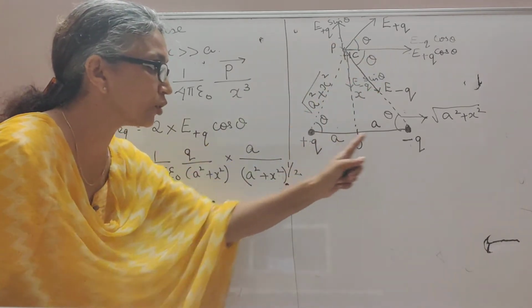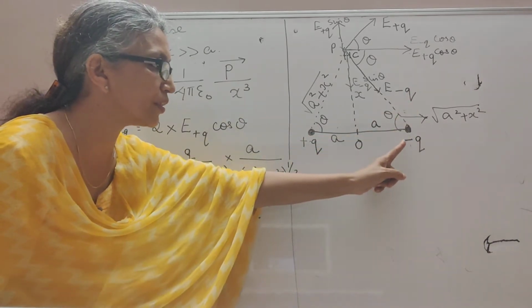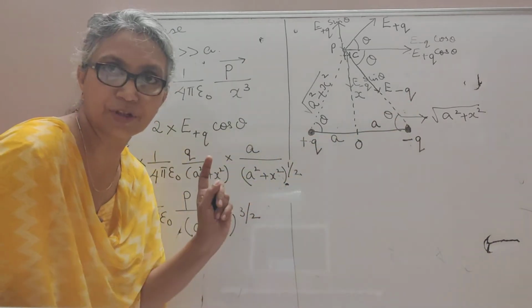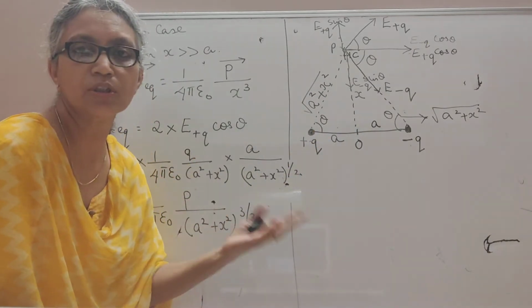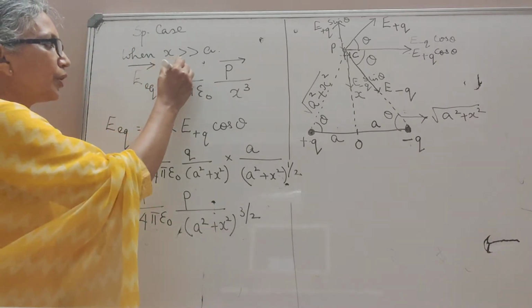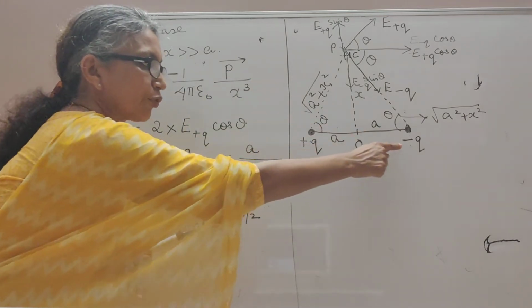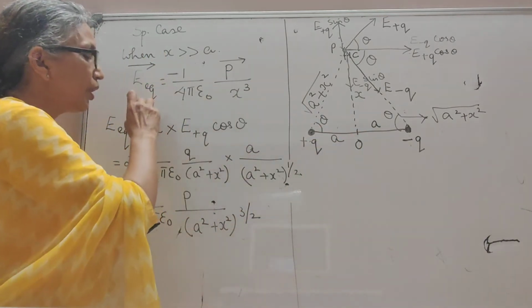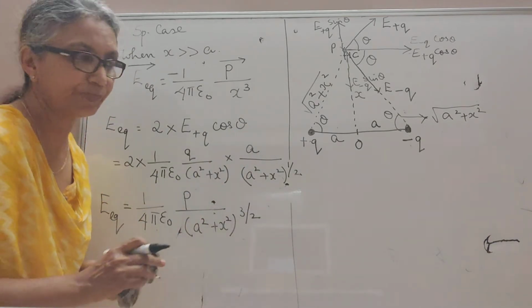So it is from plus Q to minus Q to the right. But dipole moment, you know, is always directed from negative Q to positive Q. So it is to the left. So in this case, E equatorial and dipole moment are in opposite directions. So I will put a negative sign, showing you that dipole moment is always directed from negative to positive, but E equatorial will always be directed from positive Q to minus Q.